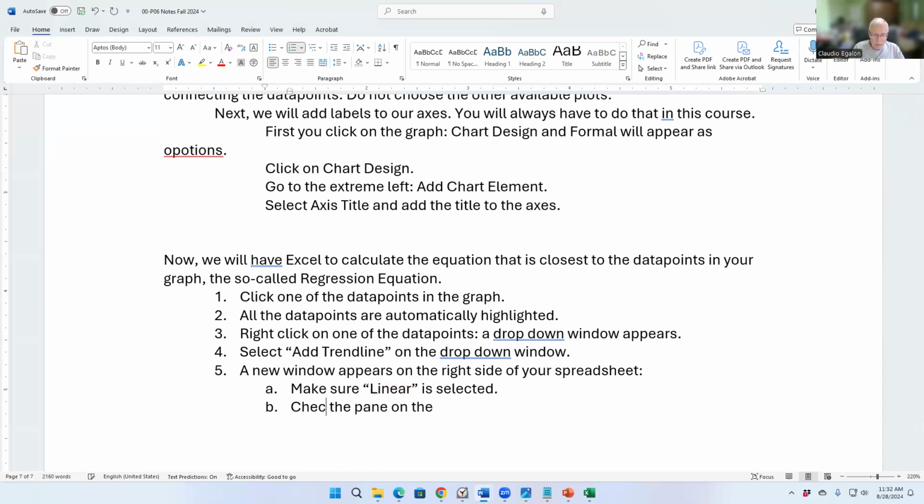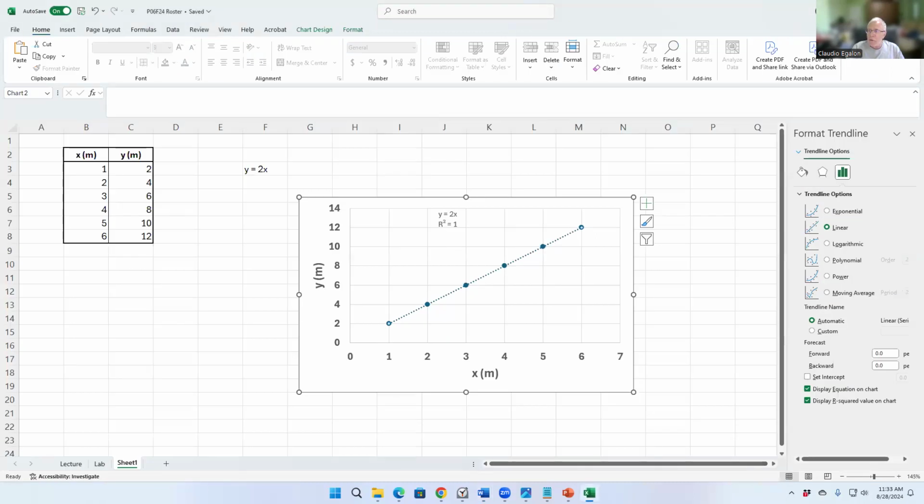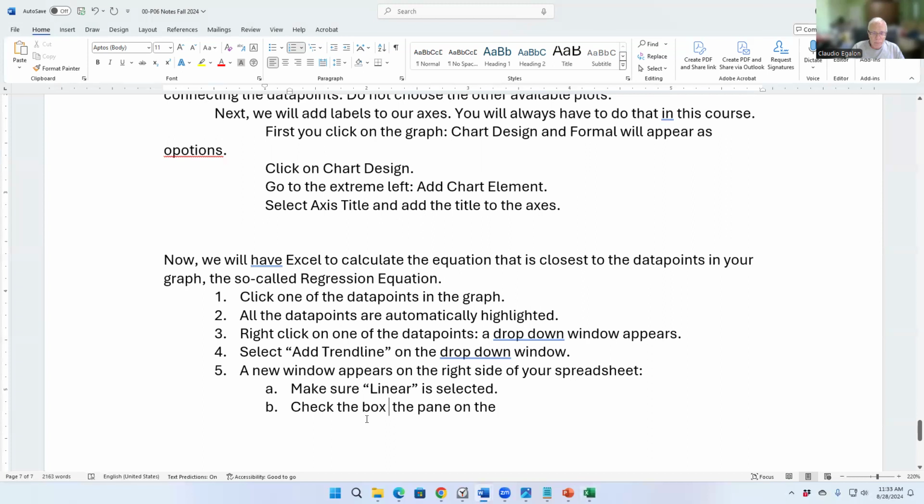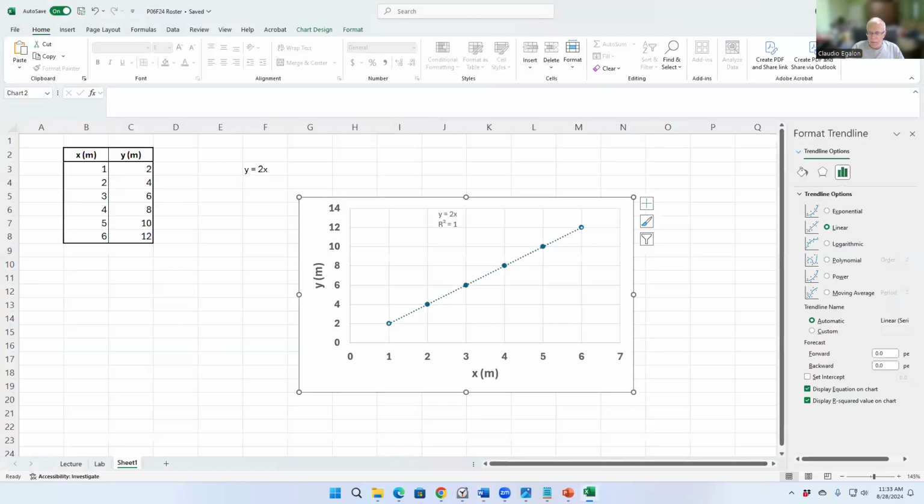Check the box. What's the box that I check? Display equation on chart. Check the box. Let's see, what's the name of the box?